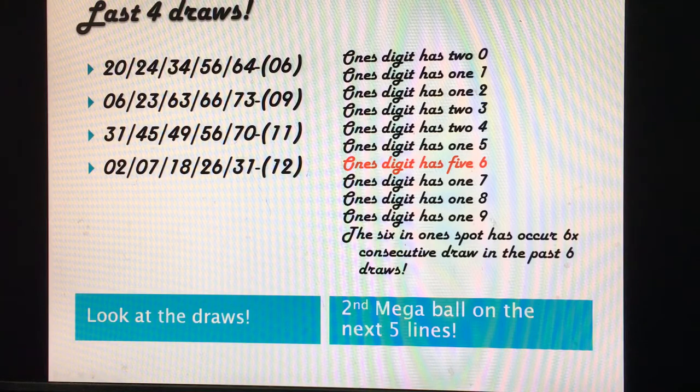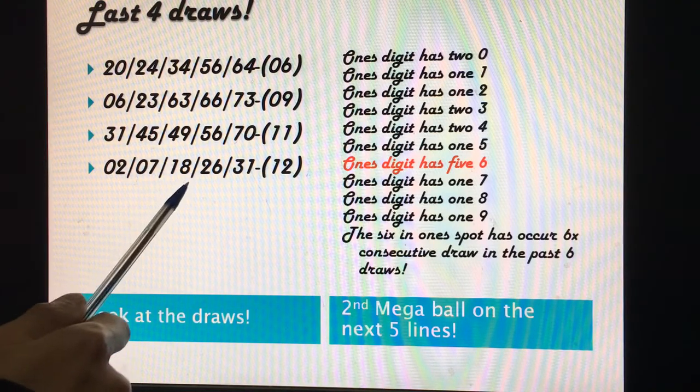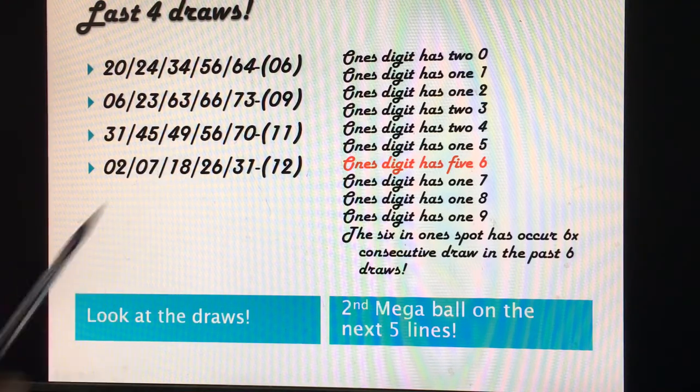So my prediction is that the teens have been out the longest so far, since they occurred 4 draws before. So the teens have been out the longest.